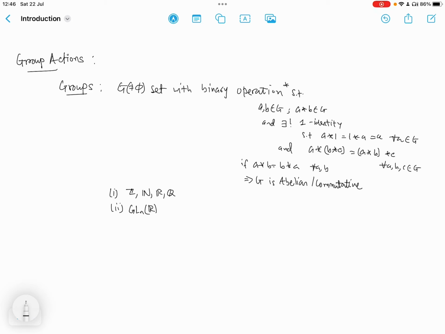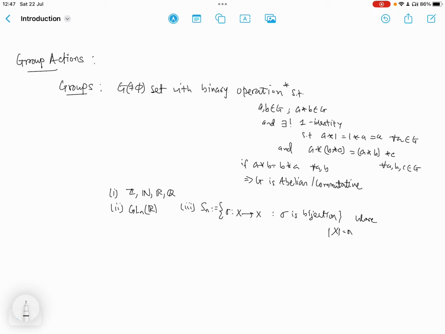Okay, and the two examples that we will often use in the next video will be this Sn, that is the set of all bijections from a set of n elements. We'll call that set X, where the cardinality of X is n.